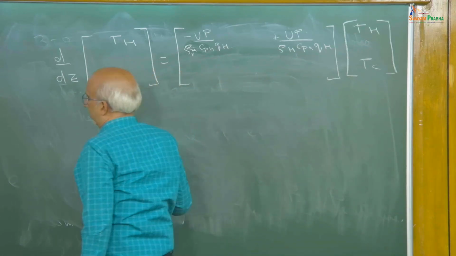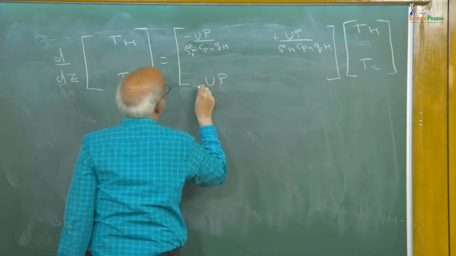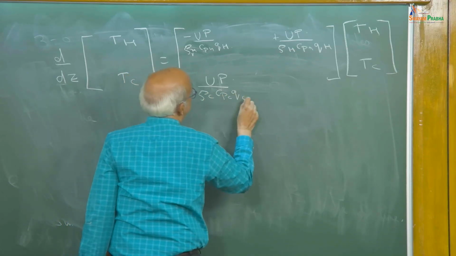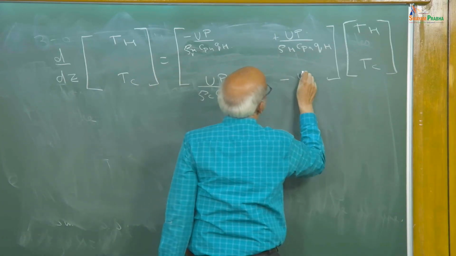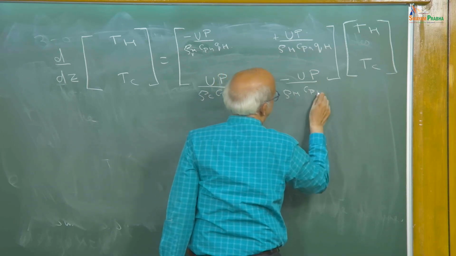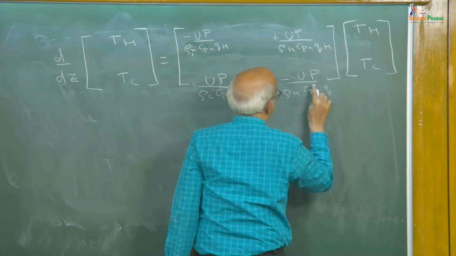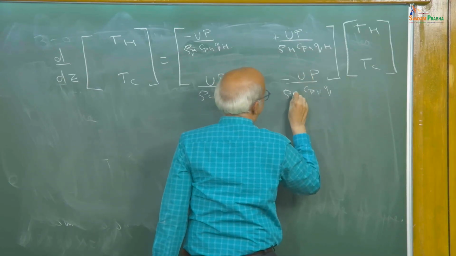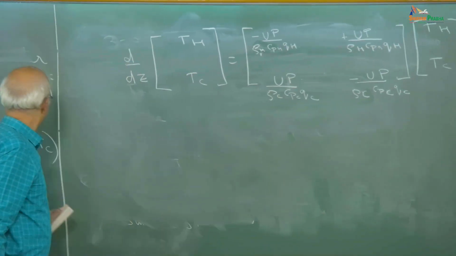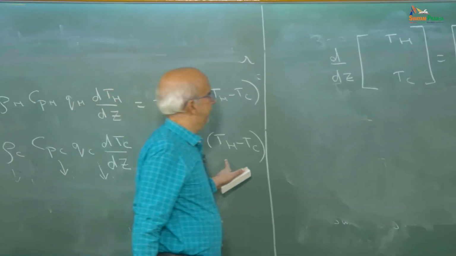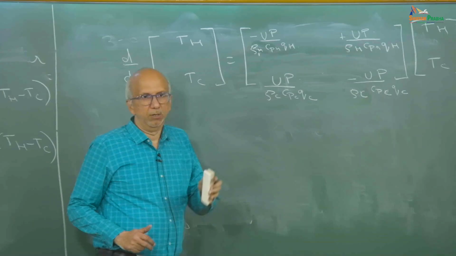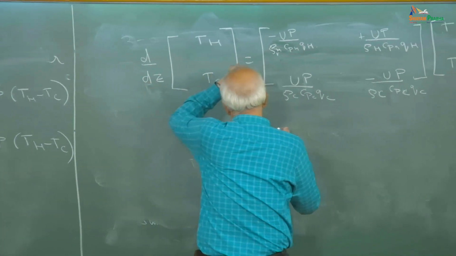In the second term I will get plus UP divided by rho c, Cpc, Qc. So all I did is divide by that, and Th is with the positive sign, and this is with the minus sign. So now this is my matrix A.